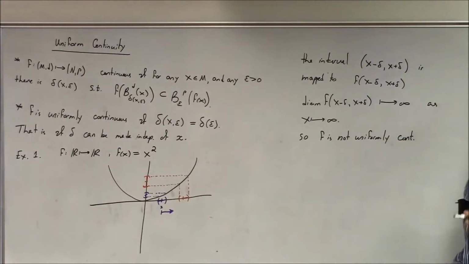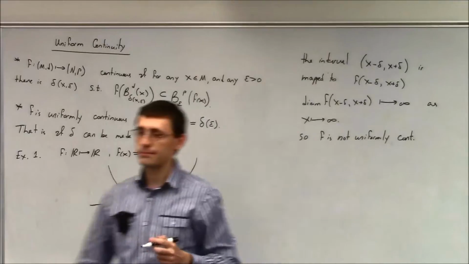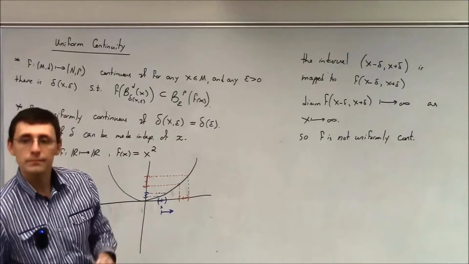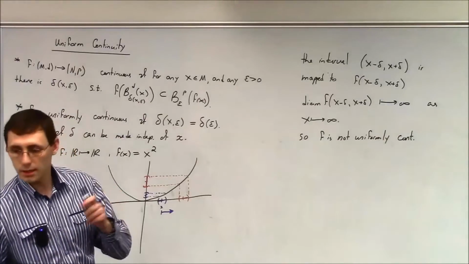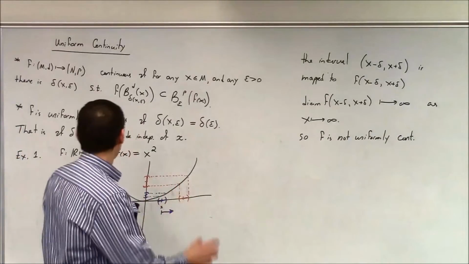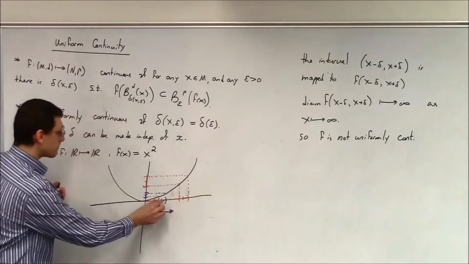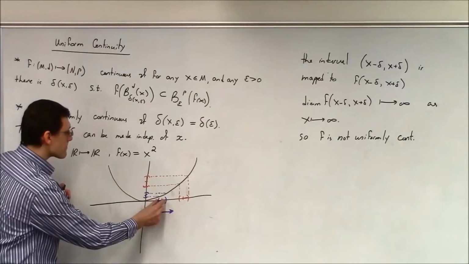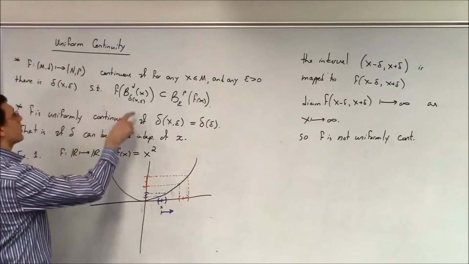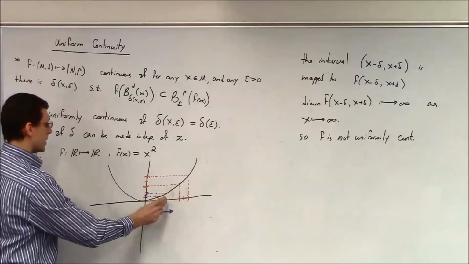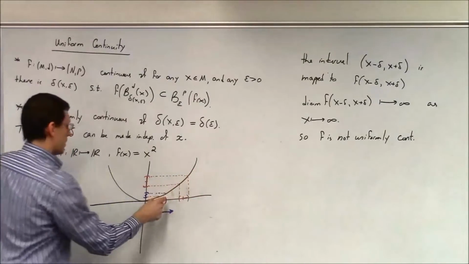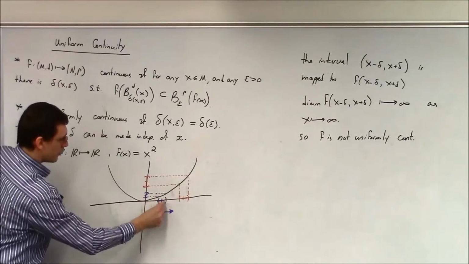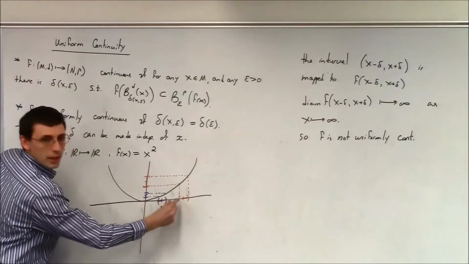If the interval, instead of growing, starts to shrink, it can still be uniformly continuous. Very important idea here: what is uniformly continuous? It means that I can select a very thin stream. I think of it as like a water gun, right?